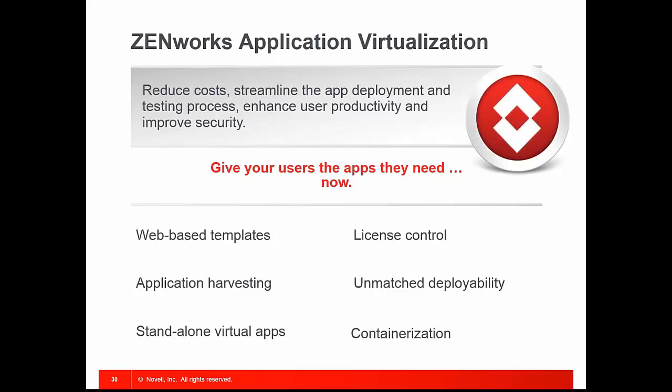And of course, you can always do standalone virtual applications too, where you can package all the application files, settings, runtimes, and any other components into a single compact executable that runs anywhere independent of the device operating system.